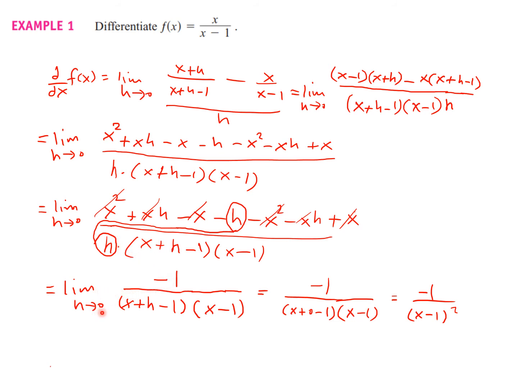Limit as h goes to 0, negative 1 over x plus h minus 1 multiplied by x minus 1. If we execute the limit, then this h will be equal to 0. Once we put this to 0, the result will be negative 1 divided by x minus 1 all squared, and that is the derivative.